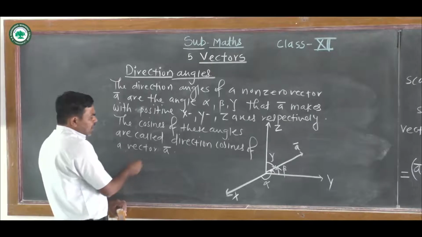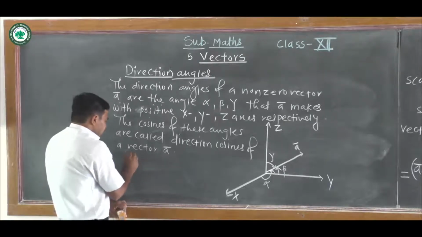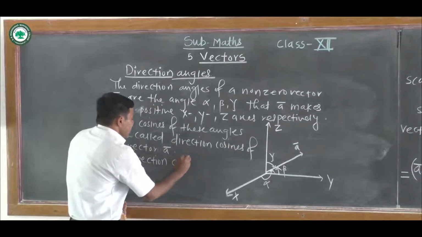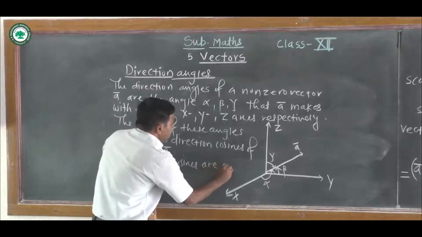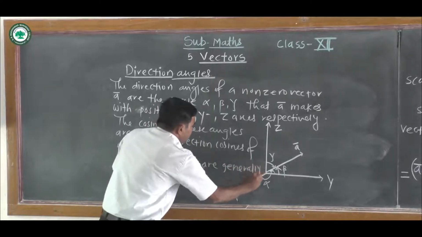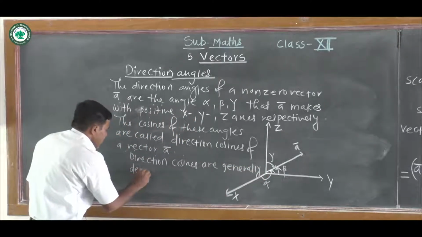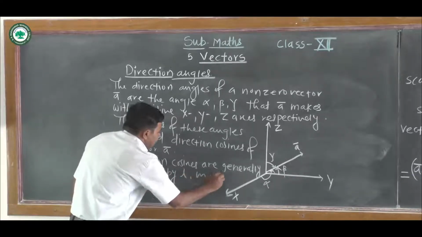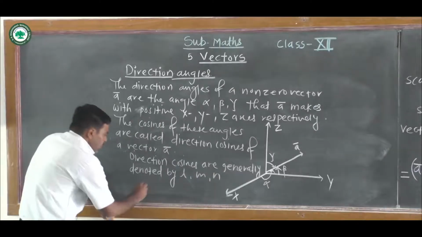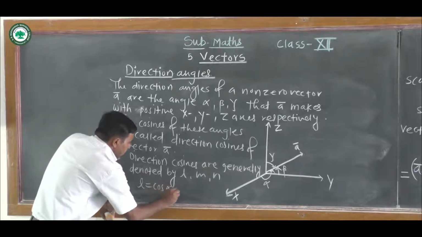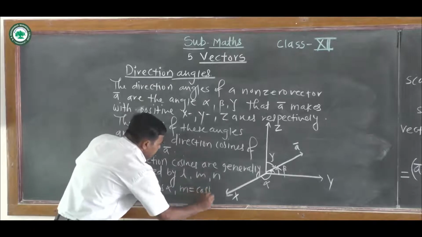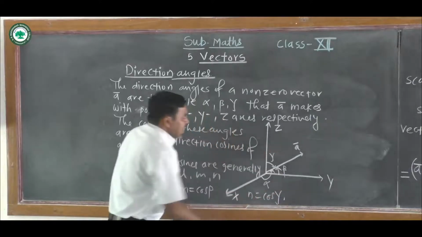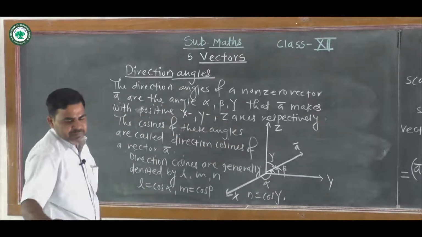Direction cosines are generally denoted by L, M, N. So we have L is equal to cos alpha, M is equal to cos beta and N is equal to cos gamma. So these are direction cosines.